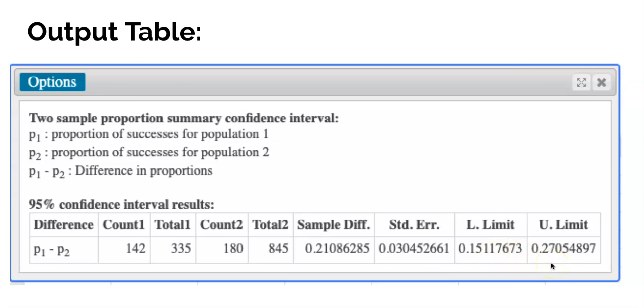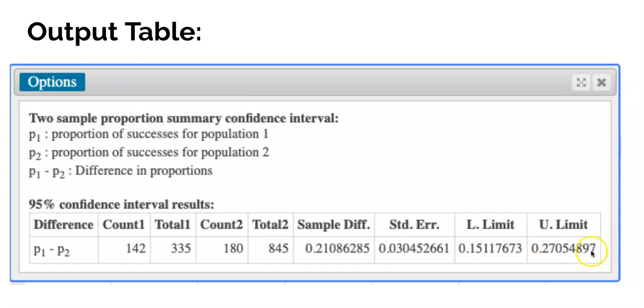15 to 27, that is completely positive, right? Does it include 0? It doesn't. This confidence interval is completely above 0. It doesn't include 0, and including 0 means there is no difference. So, is there a difference? Yes, there is a difference because our interval does not include 0.